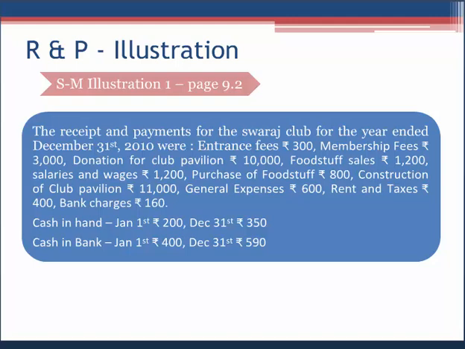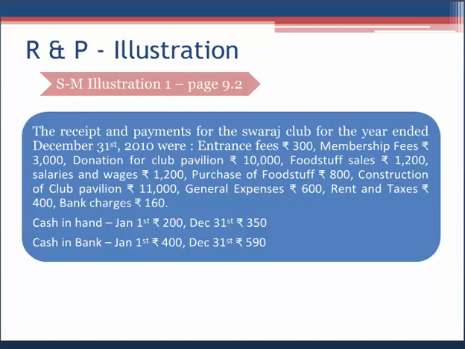The receipt and payment account for Swaraj Club for the year ended 31st December 2010 were: entrance fee 300, membership fee 3000, donations for club pavilion 10,000, foodstuff sale 1200, salaries and wages 1200, purchase of foodstuff 800, construction of club pavilion 11,000, general expenses 600, rent and taxes 400, bank charges 600.